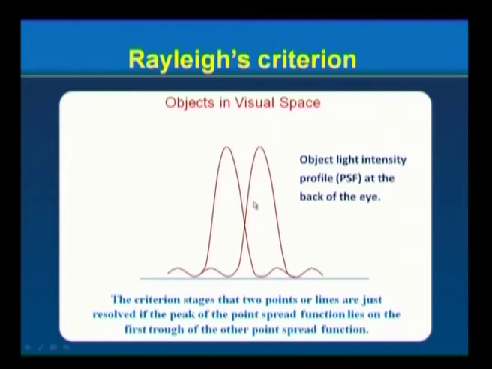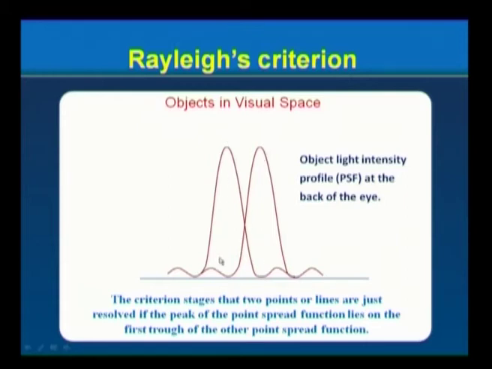If these two are closer to each other, suppose this crest comes closer, then it cannot be resolved. If they are far away, supposing the second is far away, then they will be perfectly resolved. The minimum resolution, for the things to be seen as two distinct objects, is that the minimum of the first should coincide with the maximum of the second.